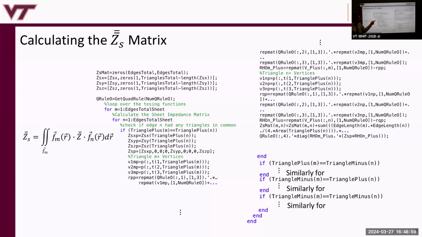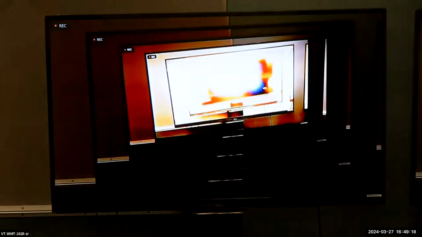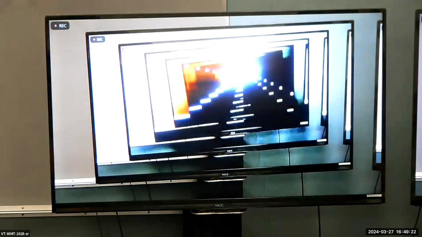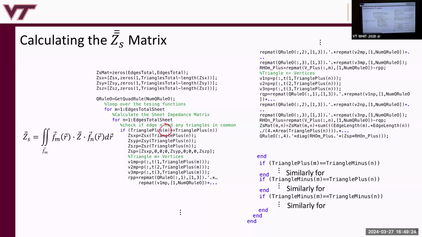So we need to loop over M and N, and we check whether there's any overlap between FM and FN, right? And the only way to do that is to take the two edges and see if they're both plus. You take the M and N index, you pass it the triangle plus vectors.